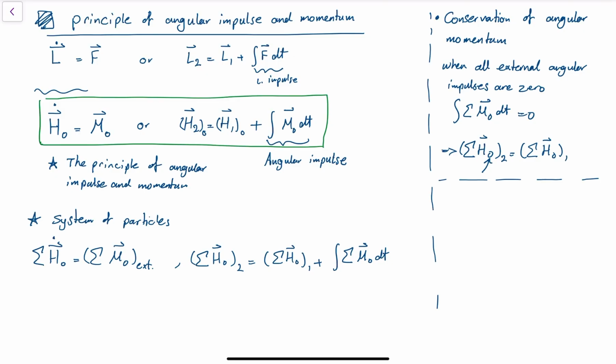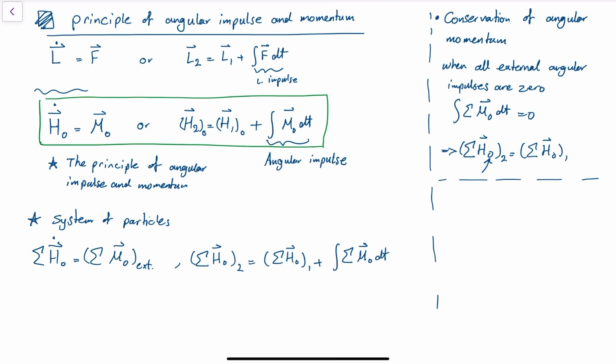Let me see, I'm just checking if I forgot anything. We did this. We did this. Oh, one other thing, now that I have a little bit of space left. Now we have three principles that we can use.